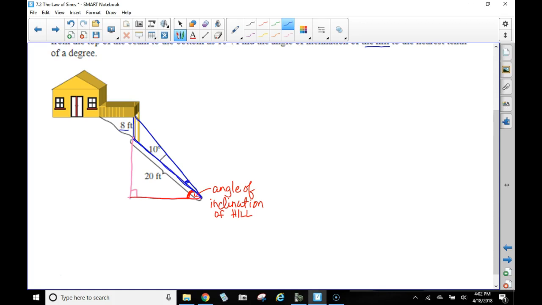That could allow us to find that angle up here by using the law of sines. So we could say that the sine of 10 degrees is to its opposite side, 8 feet, as the sine of that missing angle, we'll call it angle A, is to its opposite side, 20 feet.